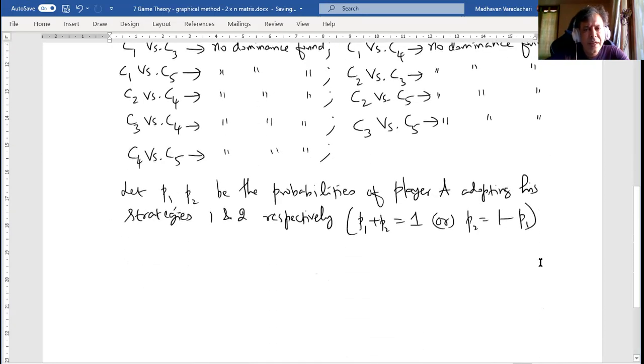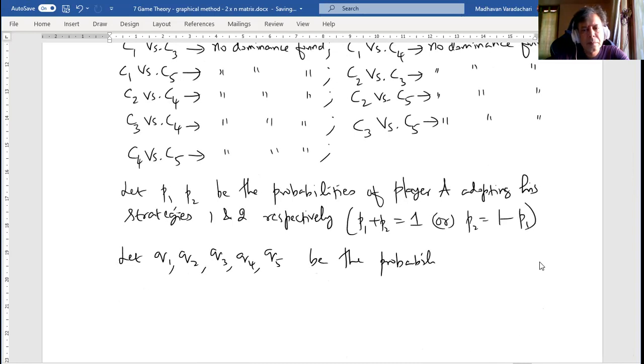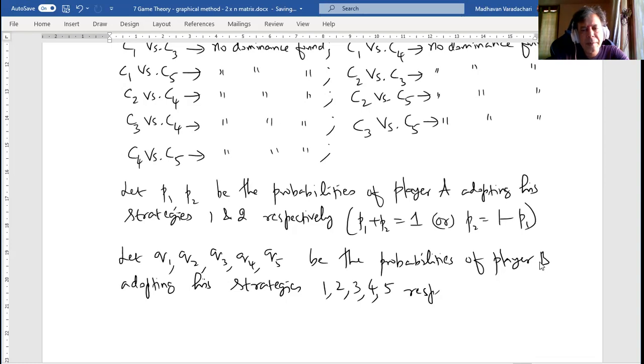Now, let us define the probabilities for player B. Let Q1, Q2, Q3, Q4, Q5 be the probabilities of player B adopting his strategies 1, 2, 3, 4, 5 respectively.